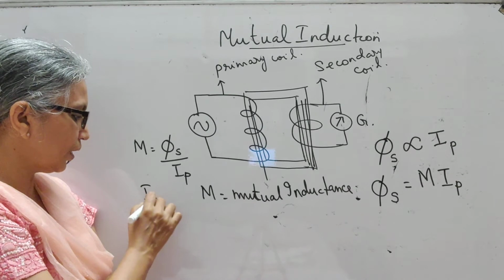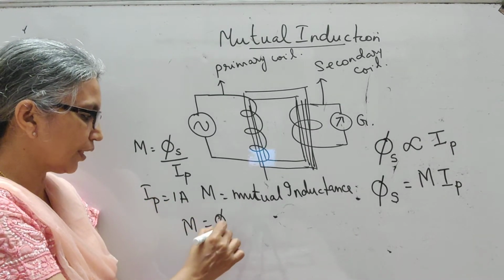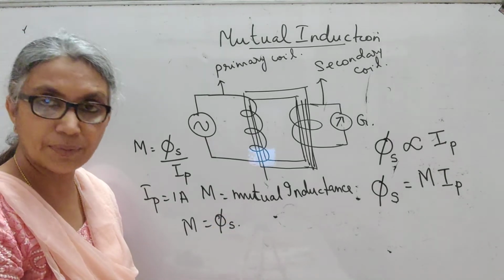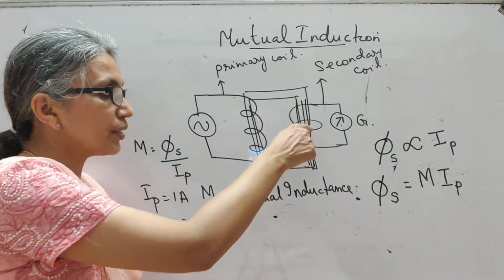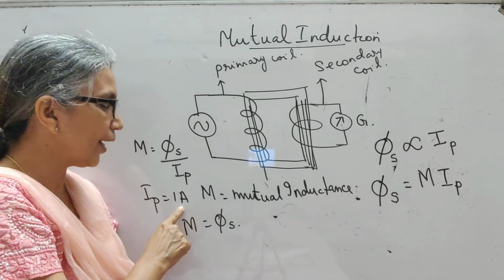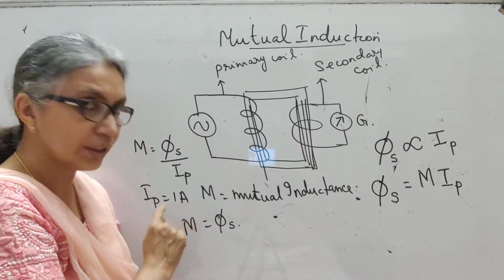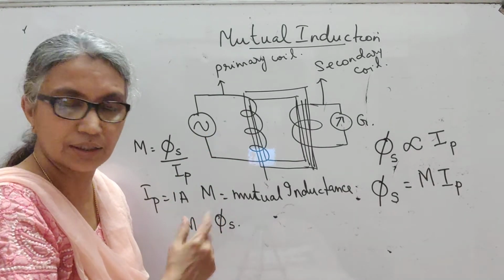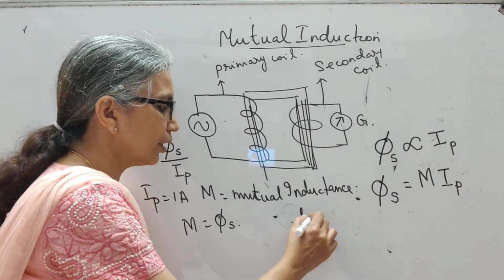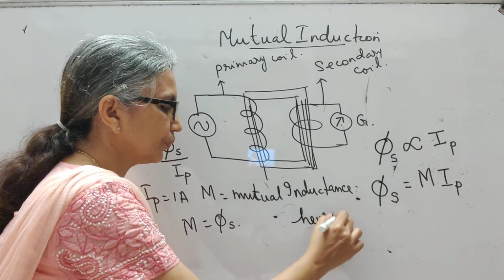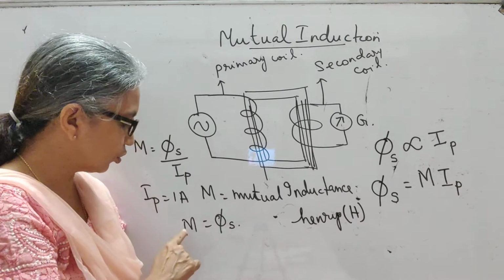Suppose we have IP as 1 ampere, then I may write M is equal to phi S. Or we may define mutual inductance as the flux linked with the secondary coil when 1 ampere current passes through the primary coil. So that is how you would define mutual inductance in terms of current. Also, the SI unit for mutual inductance is Henry, capital H here.